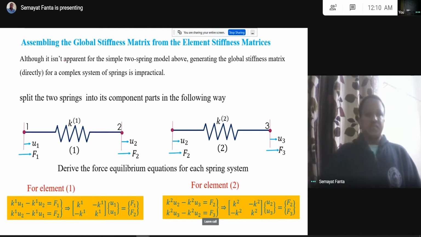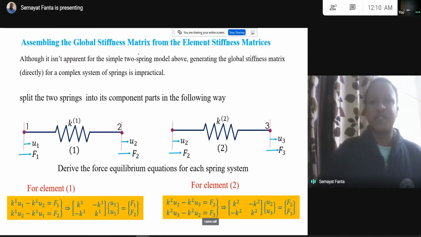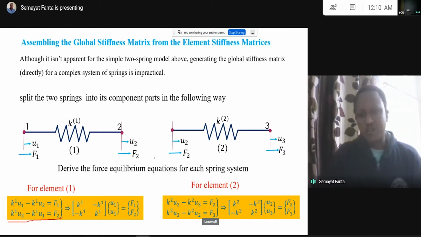Assembling the global stiffness matrix from the element stiffness: this is K1 and this is K2. We separately formulate this equation for this one, and this equation for this portion. So both of them, we represent in matrix form like this.